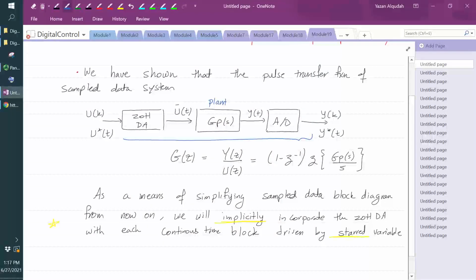So anytime we have a block of the plant of any transfer function that is driven by a star input, just like we have here, we're going to combine these two blocks together into one block. So instead of a zero order hold and GP of S, we're going to combine them together into G of S.